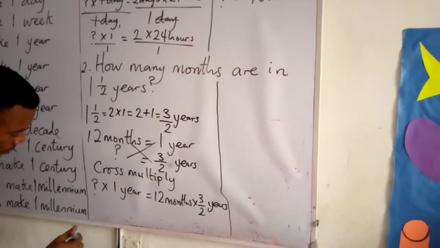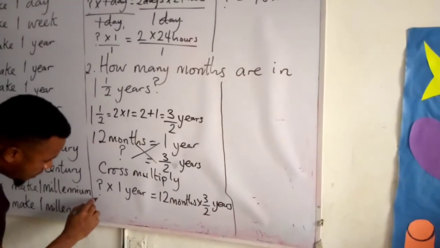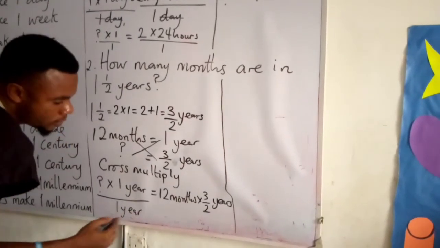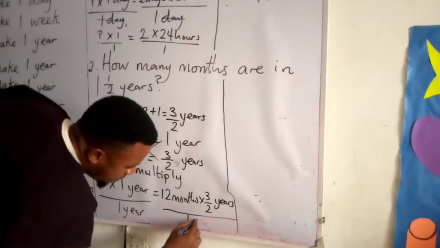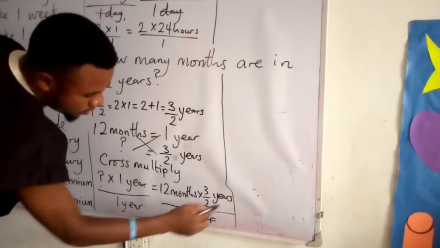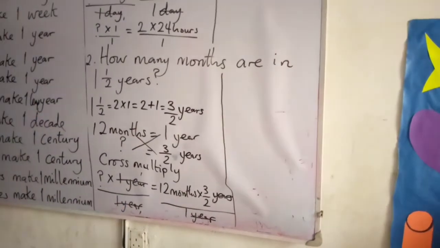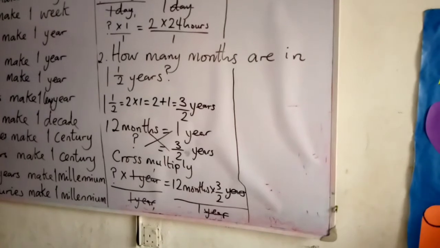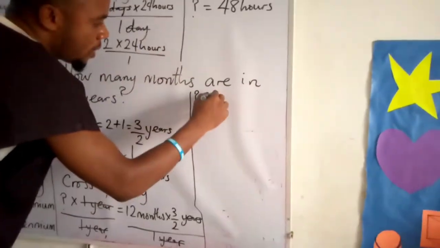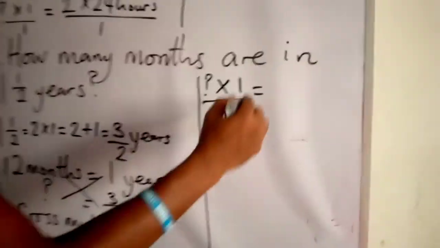We divide both sides by 1 year to make the unknown stay alone. Year is common on both sides. When an identical quantity is divided by itself, it is 1. So we have unknown times 1 all over 1 is equal to 12 months.